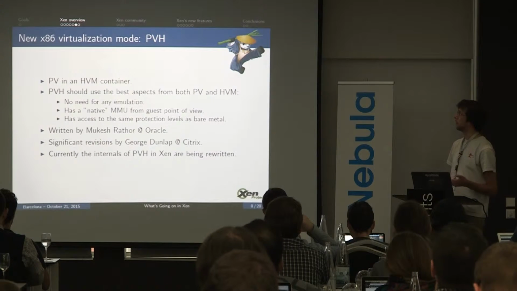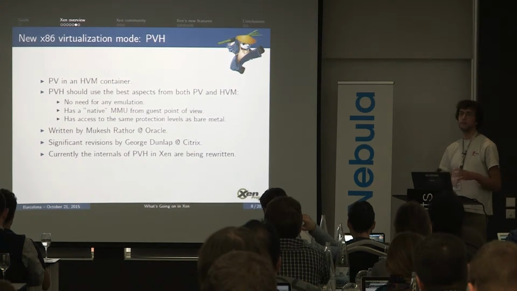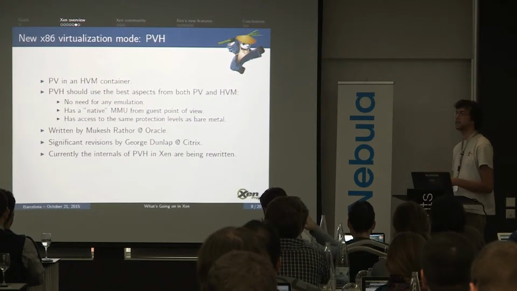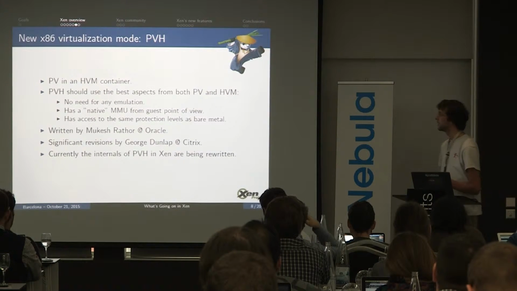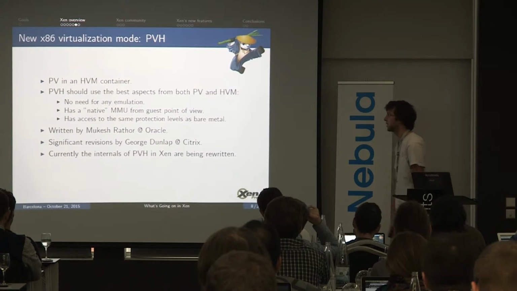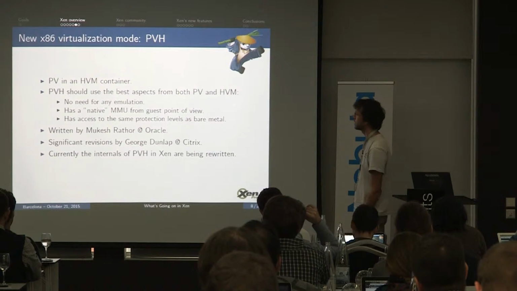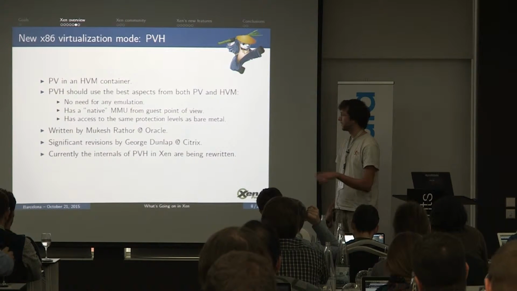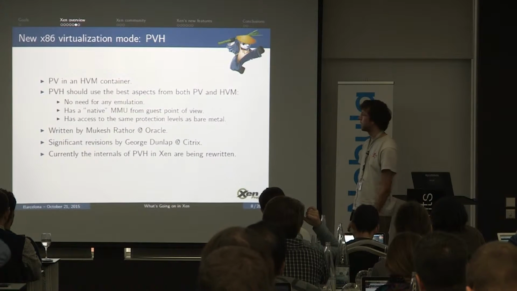And we decided to call it PVH. And it's basically a guest that makes use of PV interfaces when they are fast. Otherwise, it makes use of hardware virtualization, basically. The original design was done by Mukesh Rathor at Oracle, and then quite a lot of us from Citrix continued developing it.